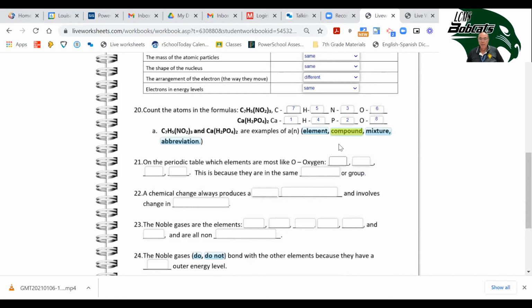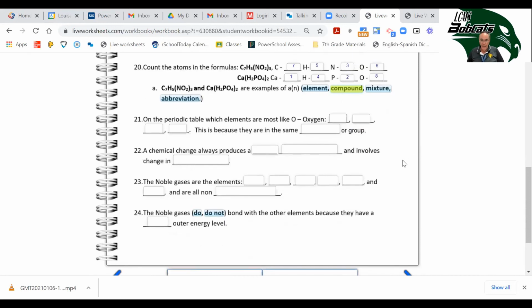On the periodic table, number 21, it says which elements are most like oxygen. Well, the ones that are most like oxygen are the ones that are going to be in the same family going up and down. So you're going to find the family with oxygen and see the elements that are the same in it.